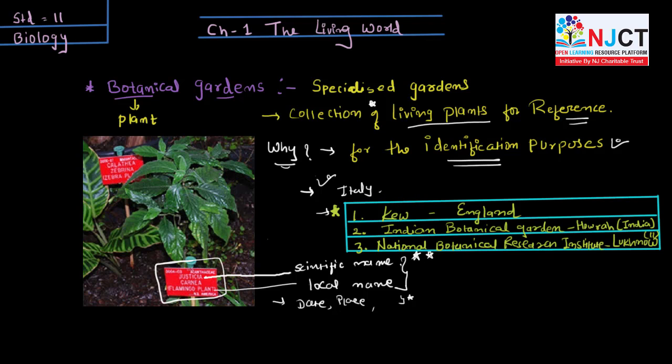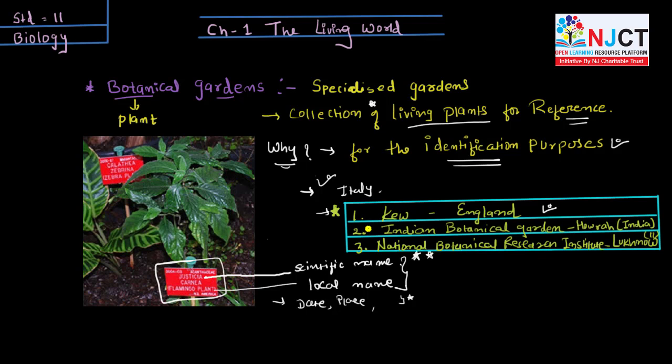The very first one is Kew. This garden is in England, and it is famous for having the largest collection, around 30,000 and more plants. So Kew is number one, which is present in England.